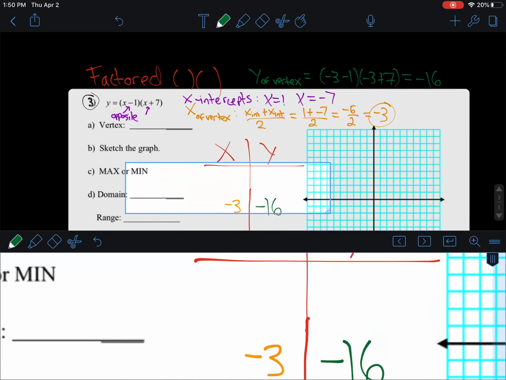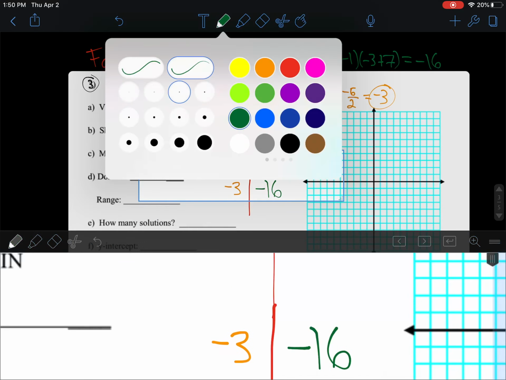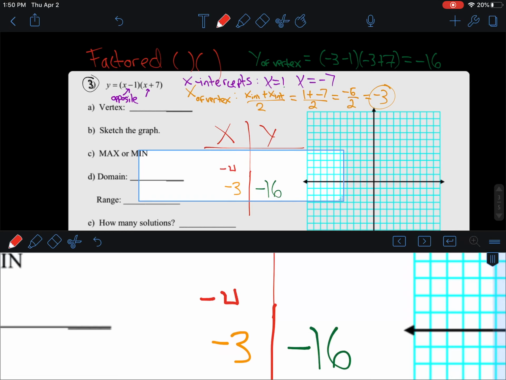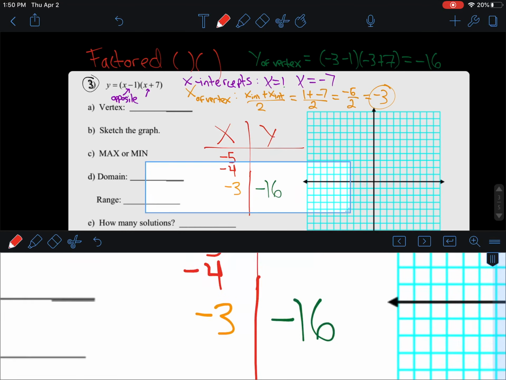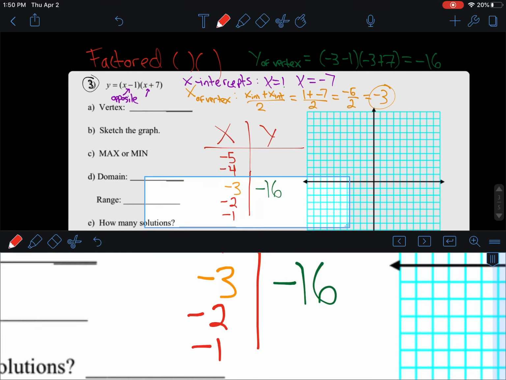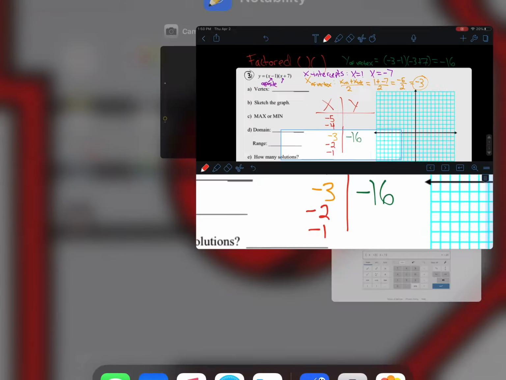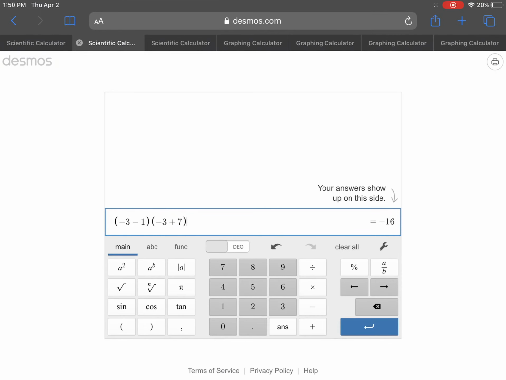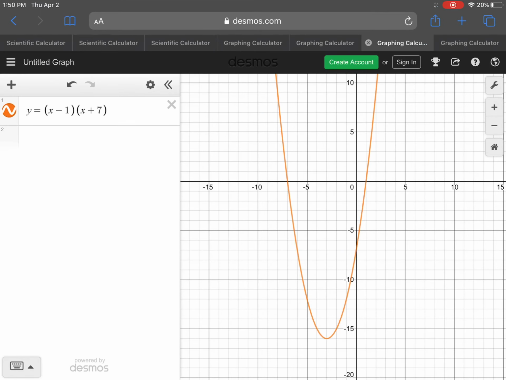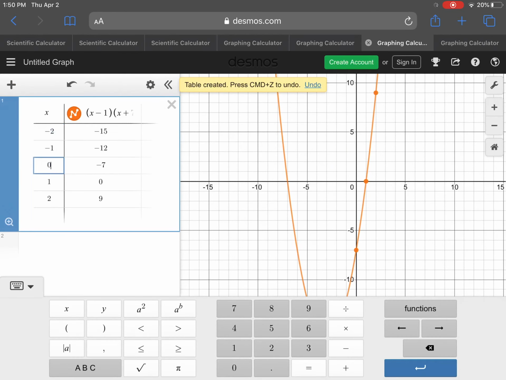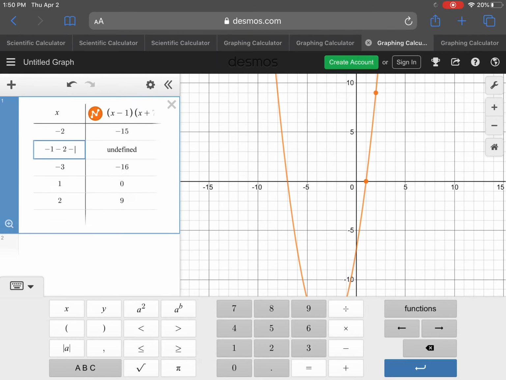Now, I have to do two numbers before -3, which would be -4 and -5, and two numbers after it, which will be -2 and -1. You go to your graph. I already have the graph, the third one. Remember, you hit the gear button, you hit the table button, and then you can put whatever x's you want inside of here.